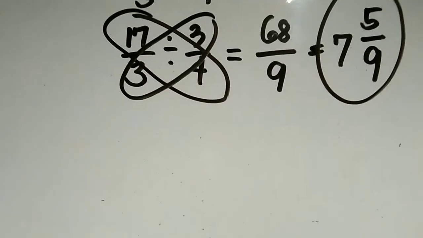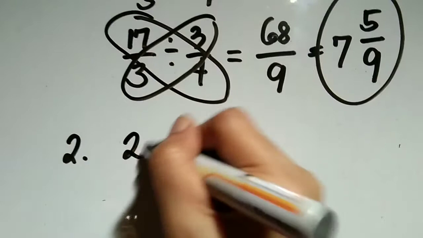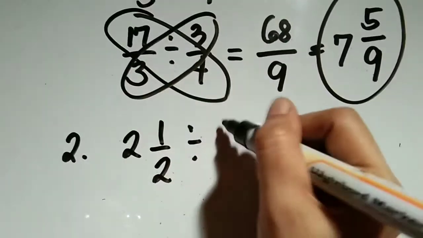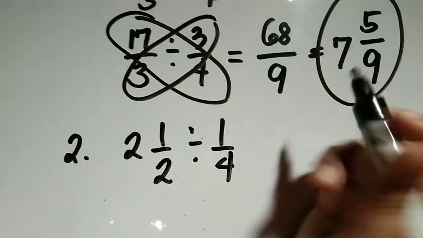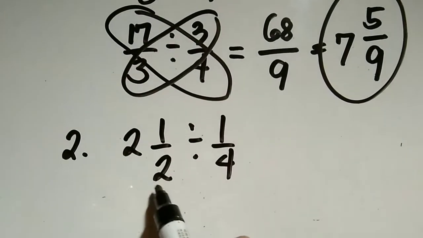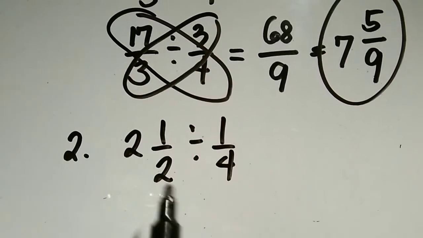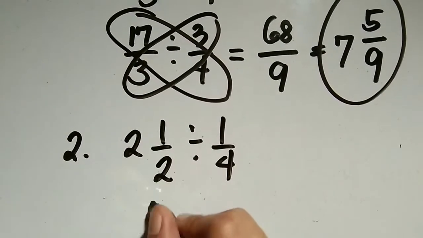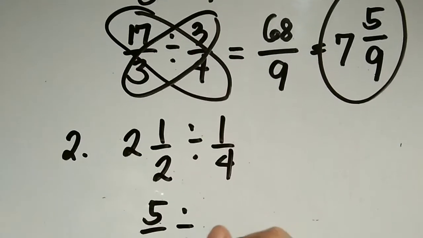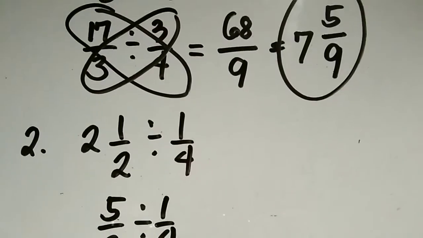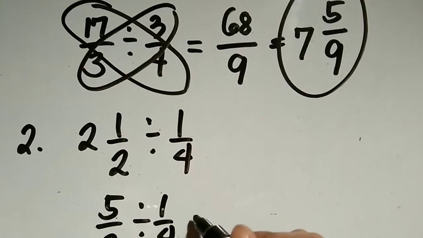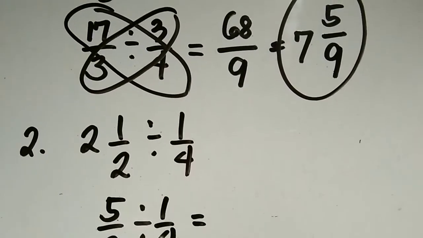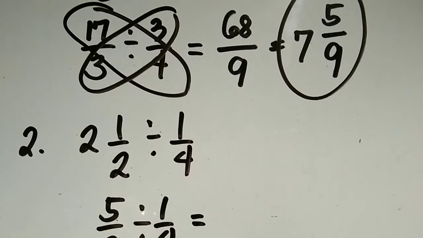So, let's have another one. 2 and 1/2 divided by 1/4. Ganun pa rin. Gawin natin tong improper fraction. 2 times 2, 4, plus 1 is 5, divided by 1/4. Pwede natin kunin yung reciprocal neto, and then proceed kayo sa multiplication or simply cross-multiply.